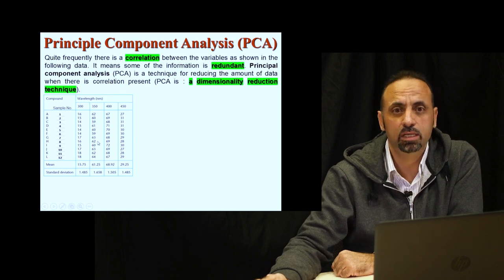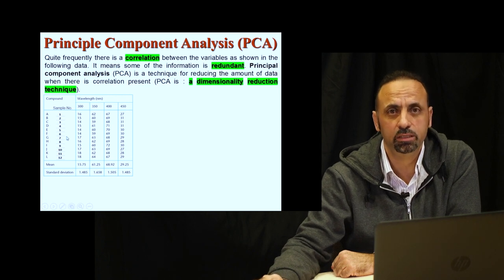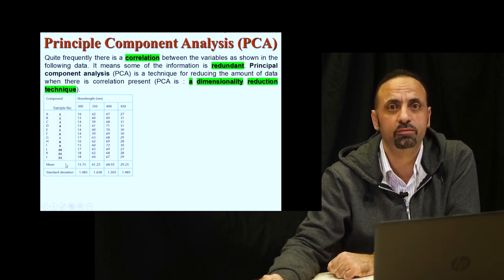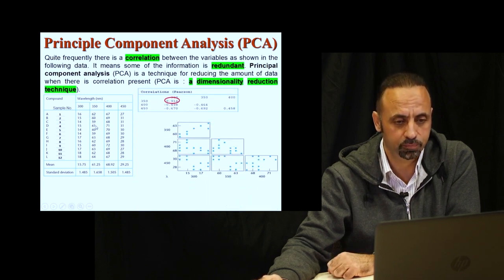For example, if I have this data, and this data, as you see here, contains 4 variables used for making a discrimination or classification of 12 samples. So I have 12 samples, and each sample, as you see here, is recorded at 4 different variables or 4 different wavelengths.